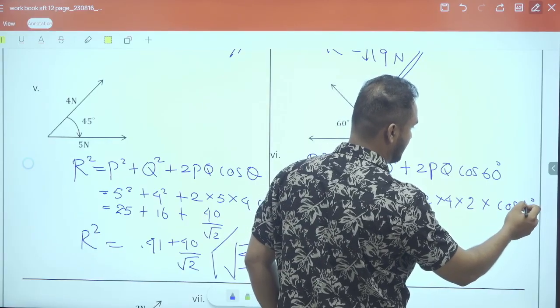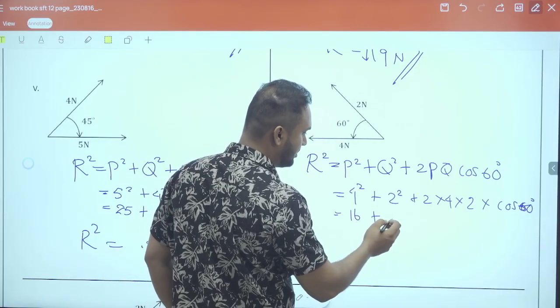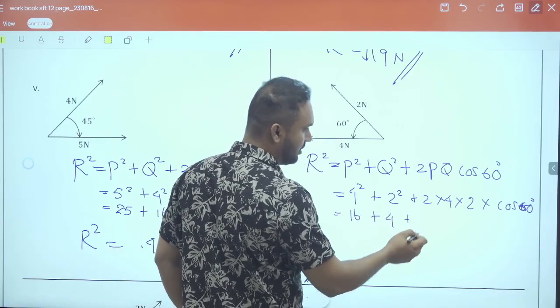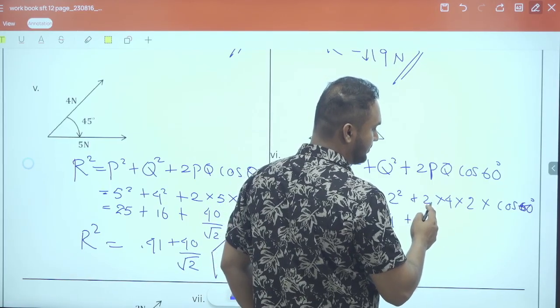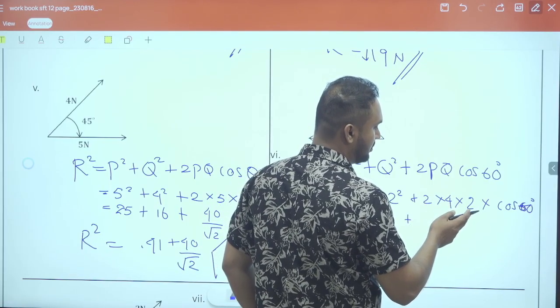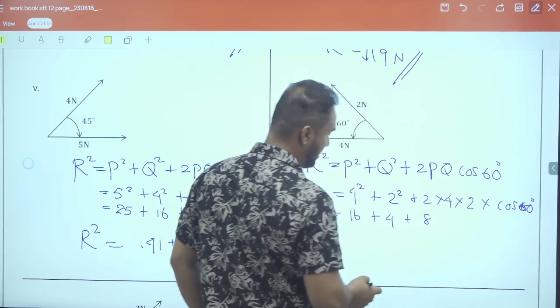So R square is 16 plus 4 plus, 2 into 4 is 8, 8 into 2 is 16, 16 divided by 2 is 8.